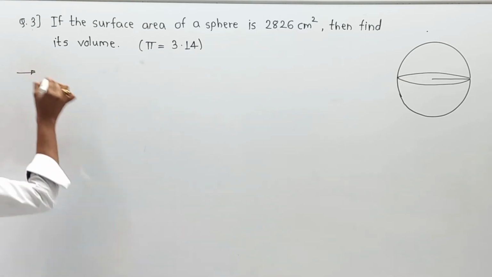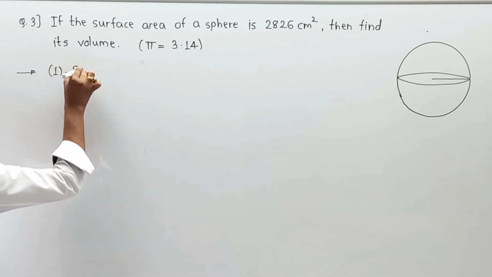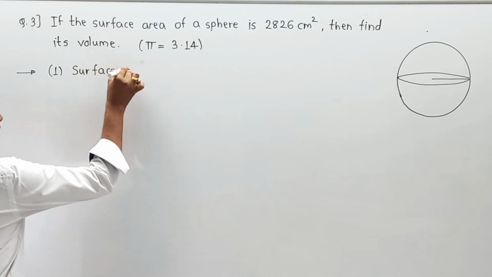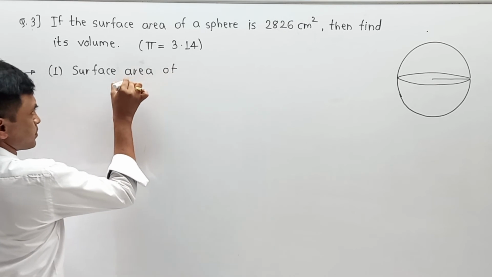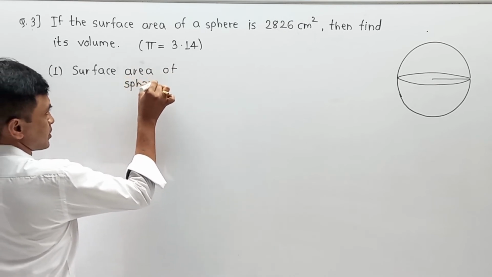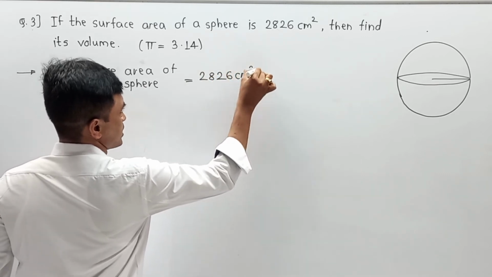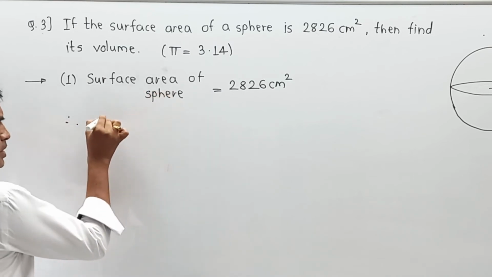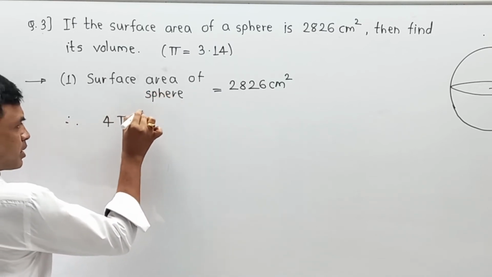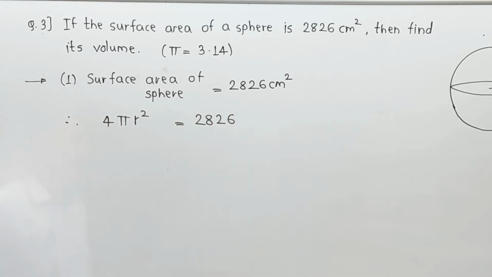First of all, surface area of sphere, they have given 2826 square centimeter. Now, we know that surface area of sphere is 4 pi r square is equal to 2826. Now simplification is the most important part over here.